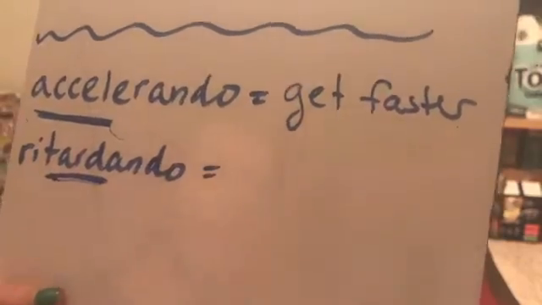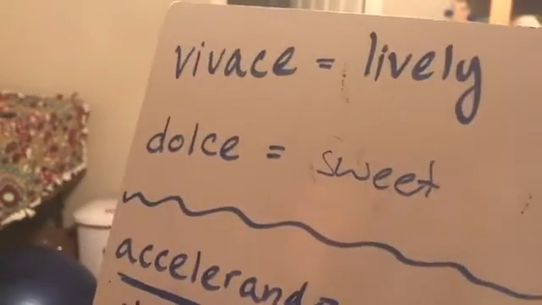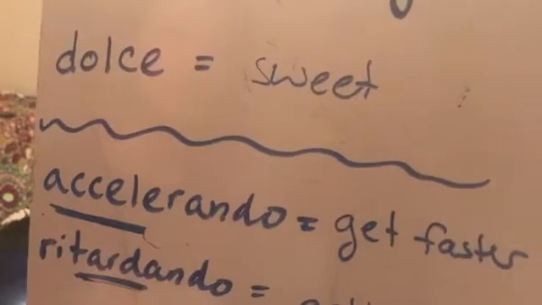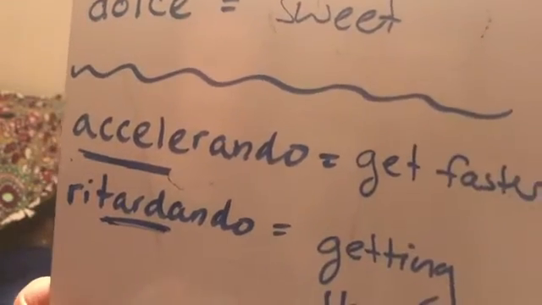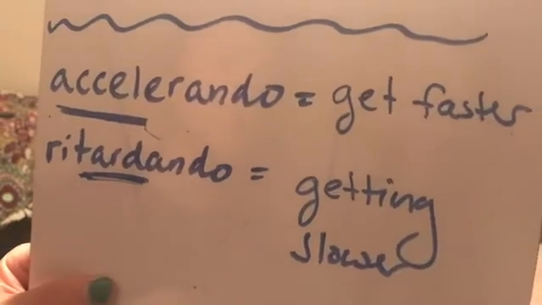So the translation for ritardando is getting slower. So once again, vivace is lively, dolce is sweet, accelerando is to get faster, ritardando is to get slower.